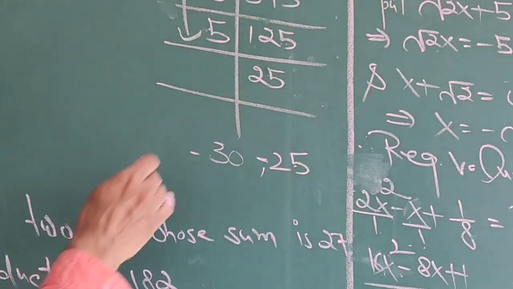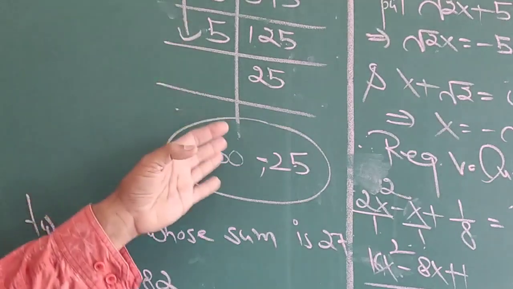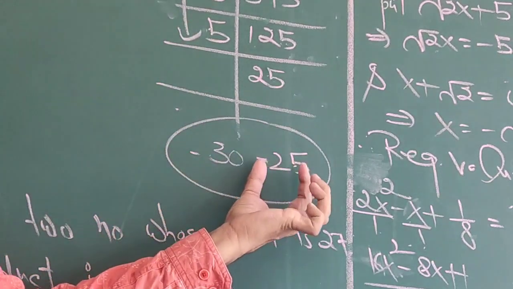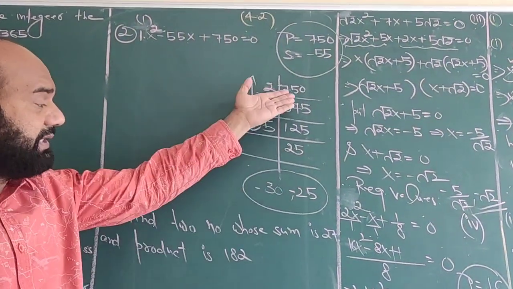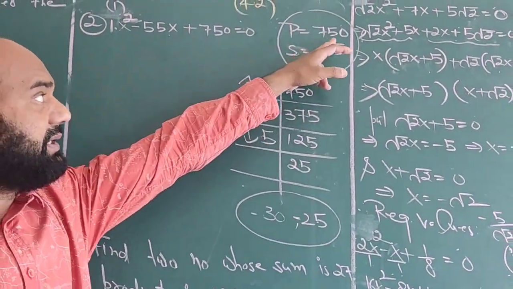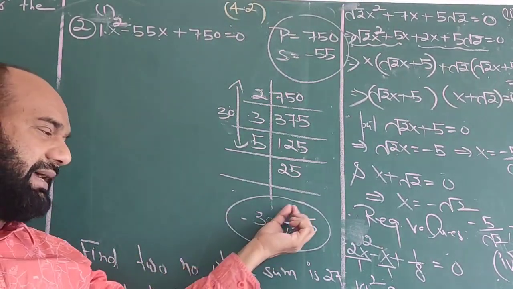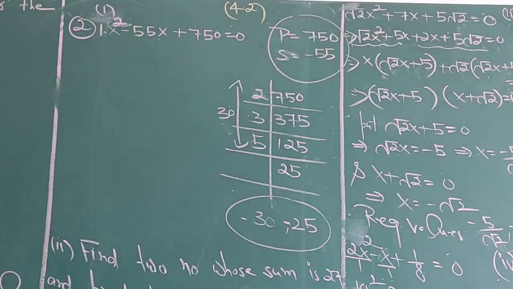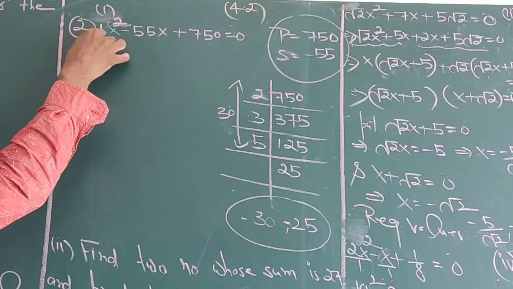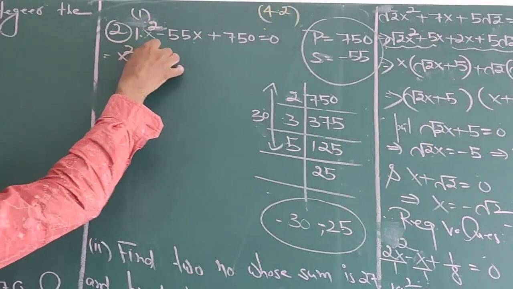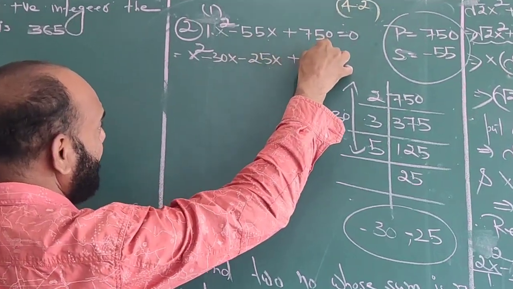These are the suitable factors of 750 having sum minus 55, because when we multiply minus 30 by minus 25, it will be 750, as minus and minus gives positive 750, and when we add these two factors we get minus 30 plus minus 25, which is minus 55. So this equation can be written x square minus 30x minus 25x plus 750 is equal to 0.